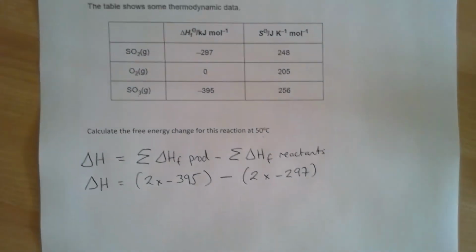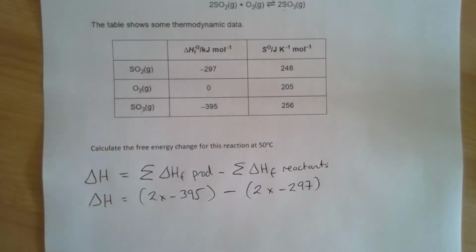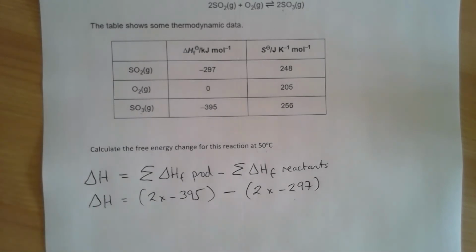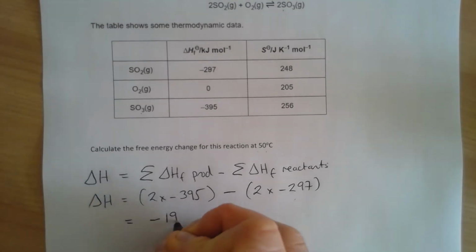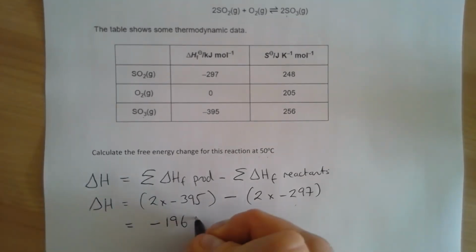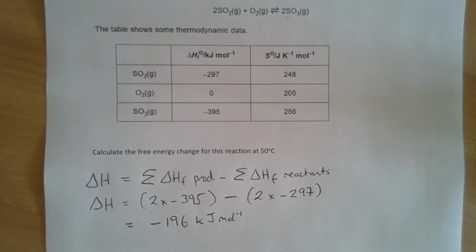Now you'll notice that the enthalpy change of formation of oxygen is 0, and that is because by definition you can't form an element from itself. So the enthalpy change of formation of any element in its standard state is 0. So that's why that's a 0 there, and I haven't included that in the enthalpy change calculation. So that gives us an enthalpy change of the reaction of minus 196 kilojoules per mole. So step 1 has been done.